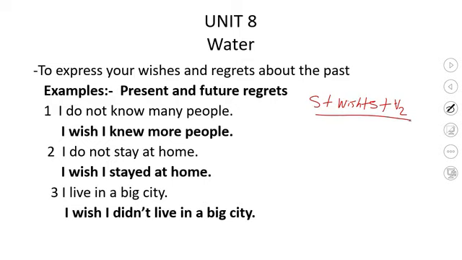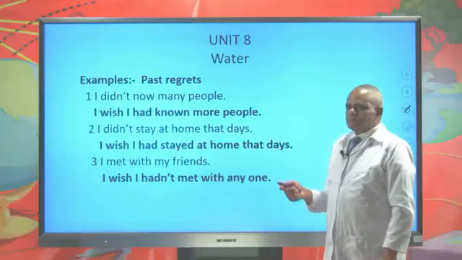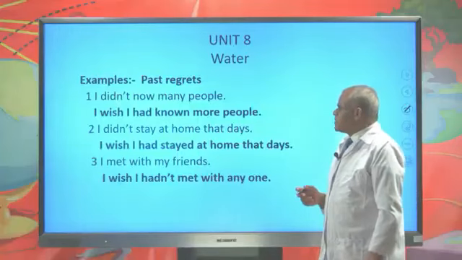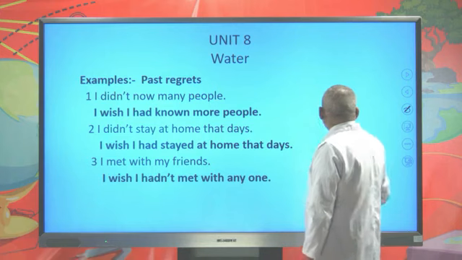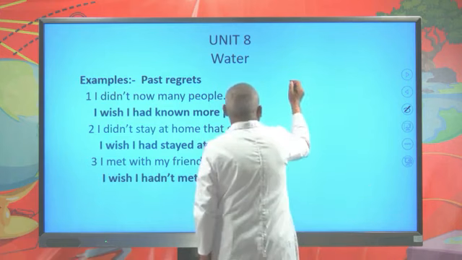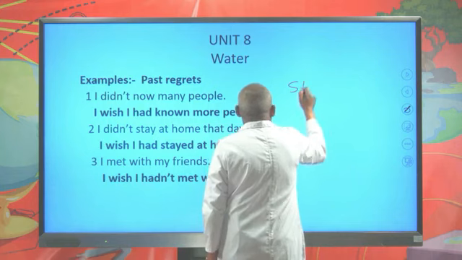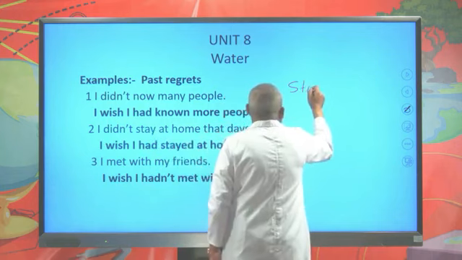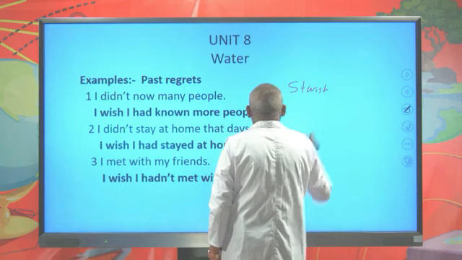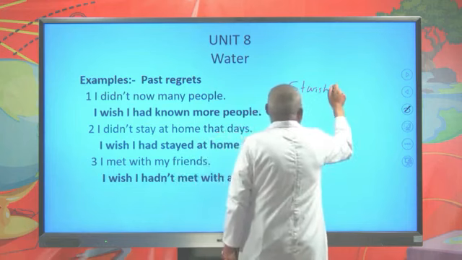Let's take past regrets again. What do past regrets look like? Similarly, I would like to show you that for past regret, in the wish structure, we usually put it like this: subject plus wish, which is common for all, plus subject again, and then what comes next?